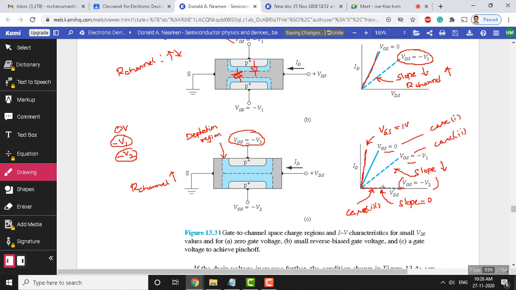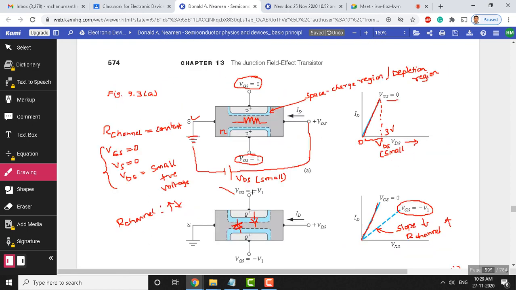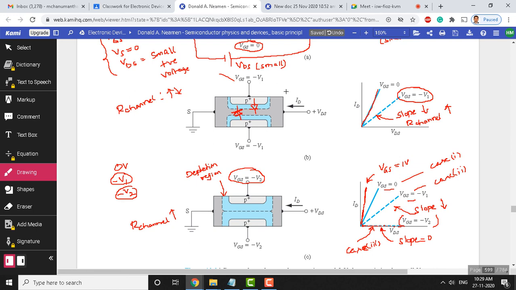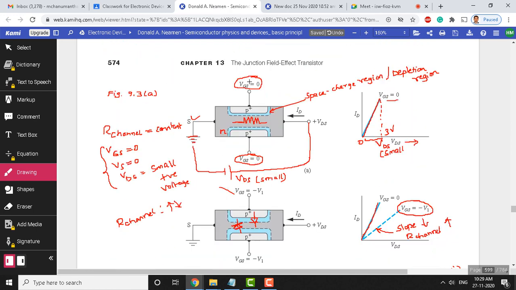So, I think with that we will wrap up for today's class, and in the next class what we would like to see is, as I told you, all these three workings are based on the gate source voltage 0. In the next class we will see what happens when we have a gate source voltage and we vary the drain source voltage. We will try to maintain some positive gate source voltage, and now we will vary the drain source voltage, like what you have done here.